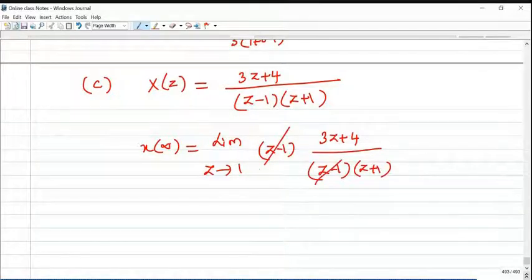Cancel. Okay, but the rest of the term has z plus 1, that is z equals minus 1, a pole. This lies exactly on the unit circle. In that case also, this formula is invalid.